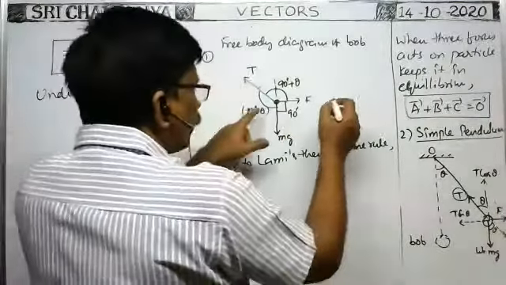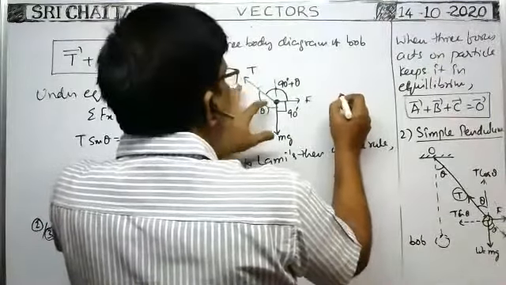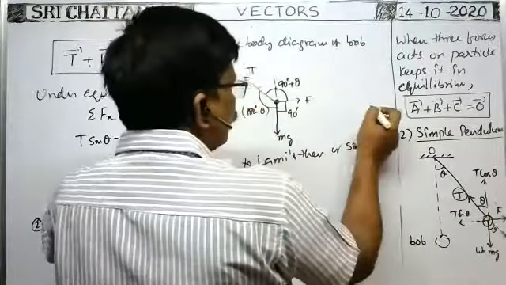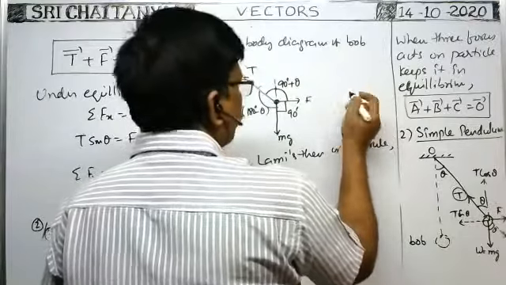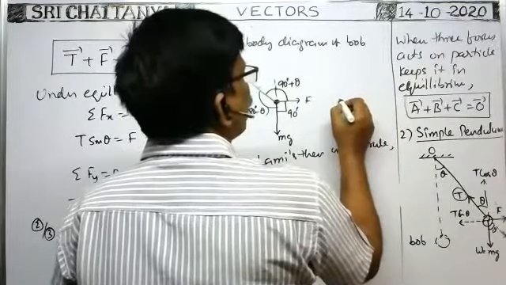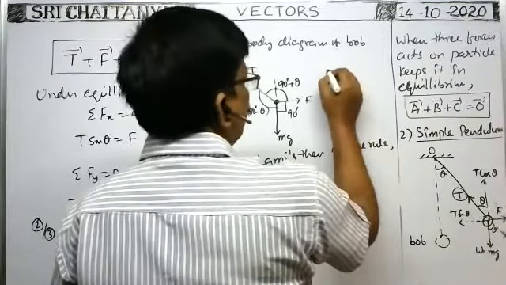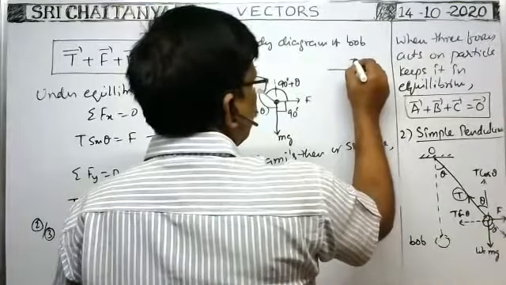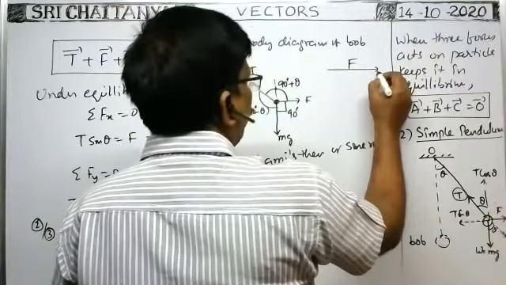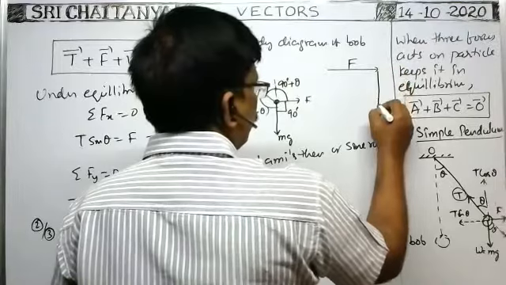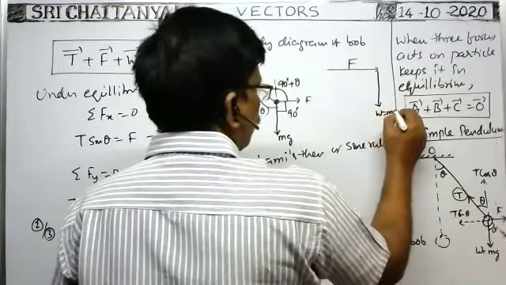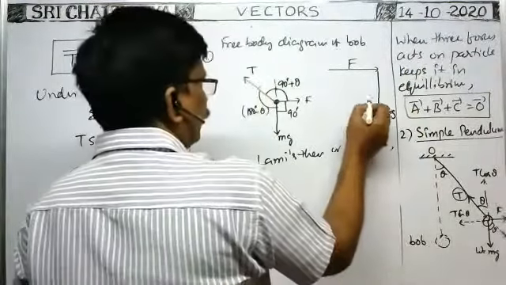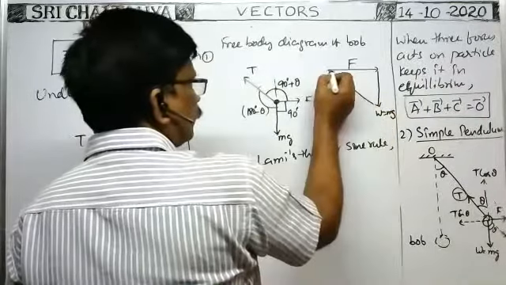You represent these three forces as adjacent sides of a triangle. So F is in this direction, weight W equal to mg is in this direction, and tension is in this direction.